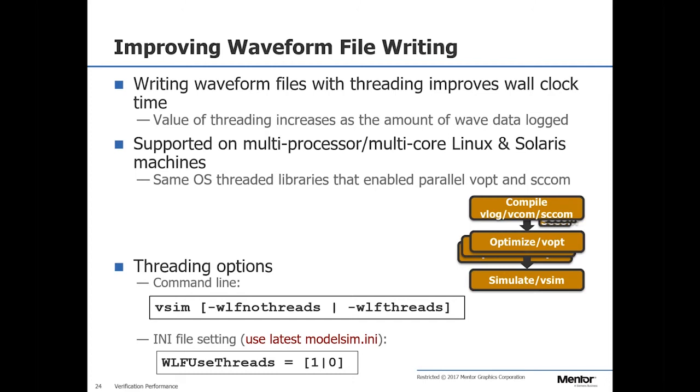This has been the default on Linux for about the last 5 or 6 versions. We have not been able to implement it on Windows yet. So if you have a Linux machine, you can actually see some significant improvement in running debug simulations if you're on Linux versus Windows.